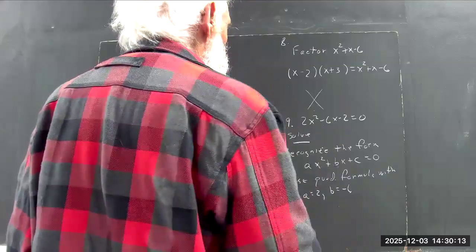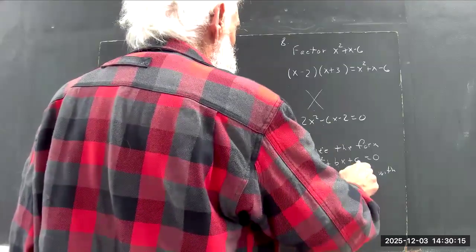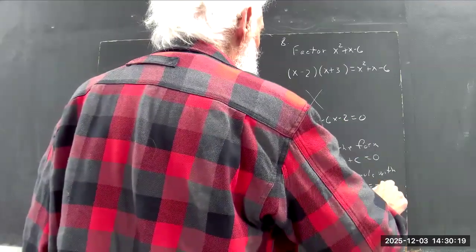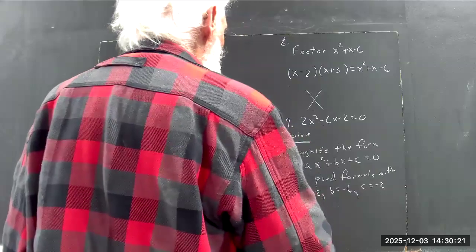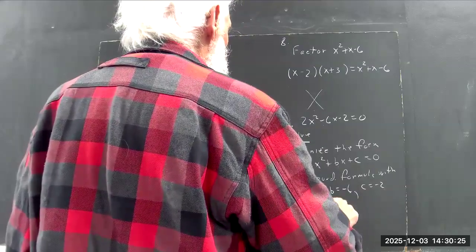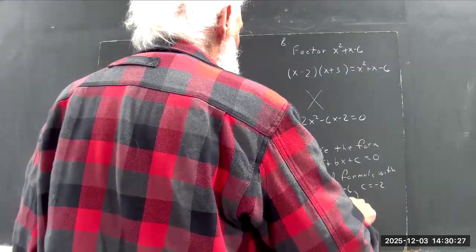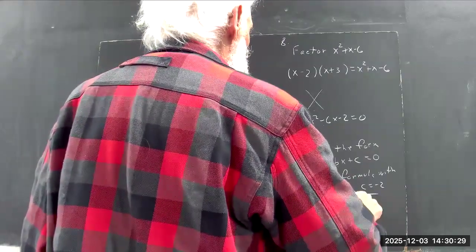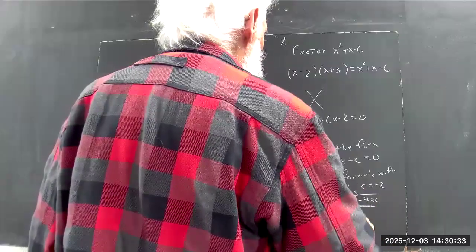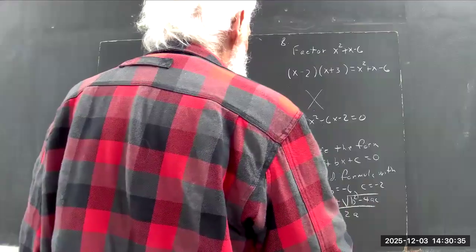B, the coefficient of x is -6. And C, the number without an x on it is -2. So x equals, I'll write out the formula, which you need to know. Although there might be a hint on the exam, I wouldn't count on it.